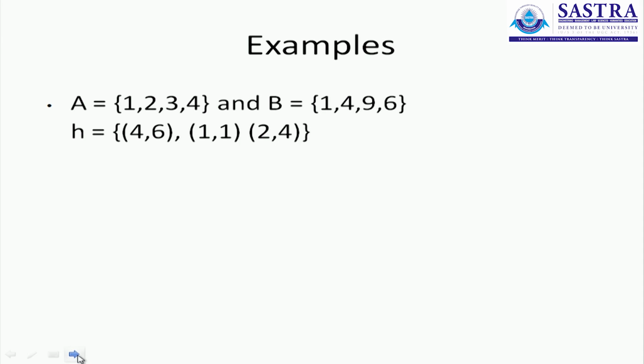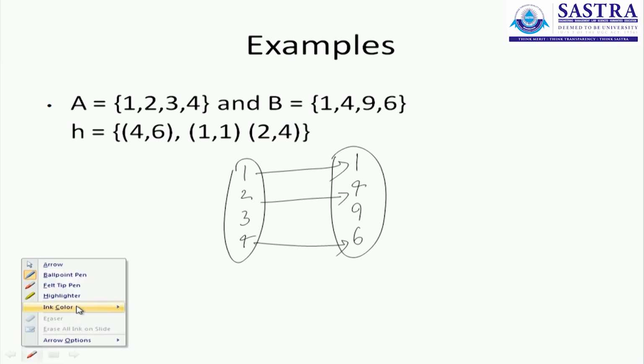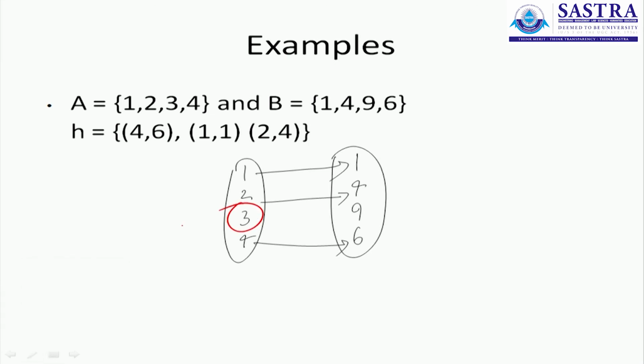What happens here? Let's draw the pictorial representation again. So 1, 2, 3 and 4 on the left, 1, 4, 9 and 6 on the right. 1 goes to 1, alright. 4 goes to 6, fine. 2 goes to 4, that's also right. But you see, the element 3 is missed out. 3 is never assigned an image from set B. Leave alone being repeated, it's not even assigned.